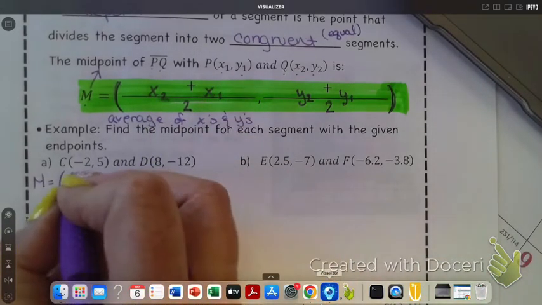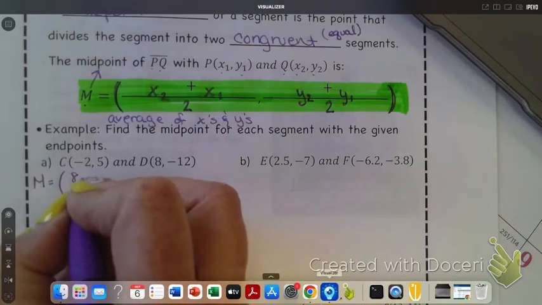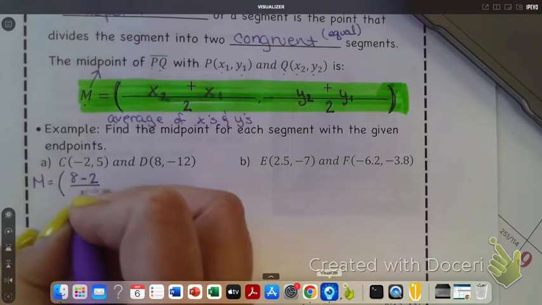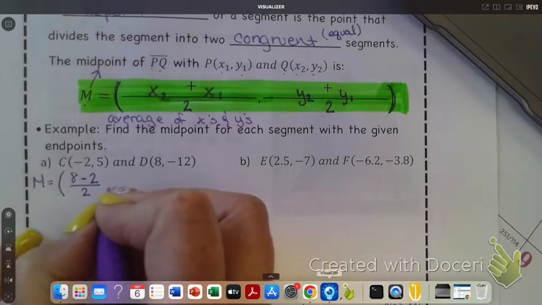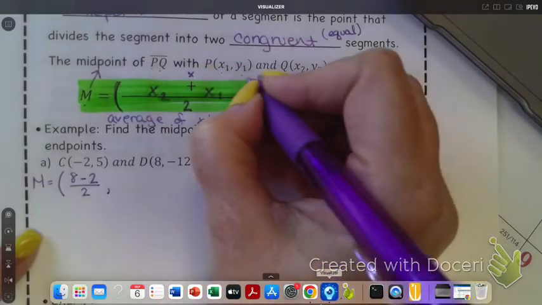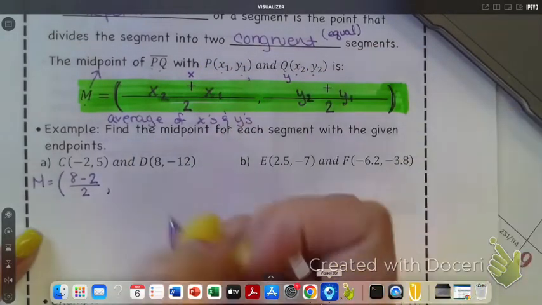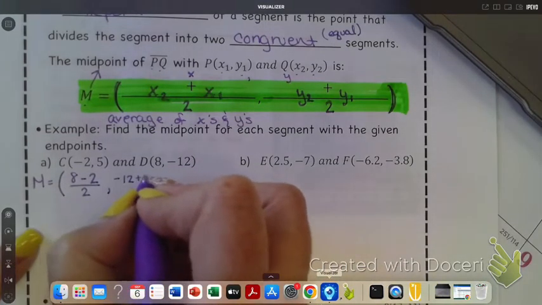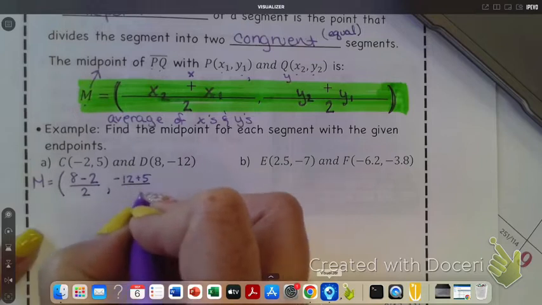So 8, well, it's not plus, it's going to be minus. Why is it minus? Because it's a negative. Divided by 2, comma, because remember this is an x and this is a y. And then negative 12 plus 5 divided by 2.